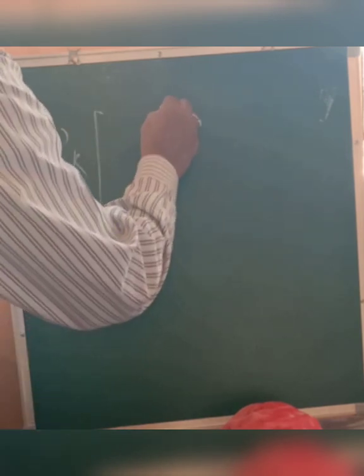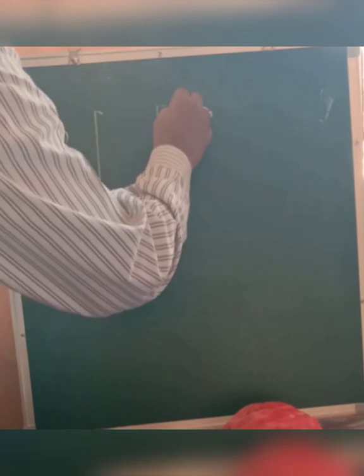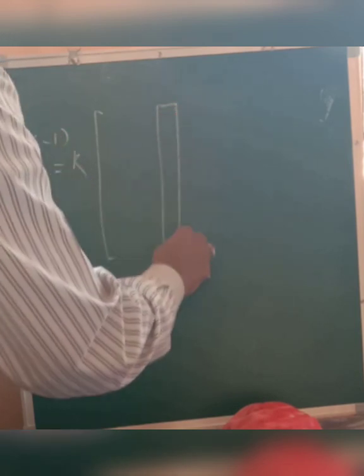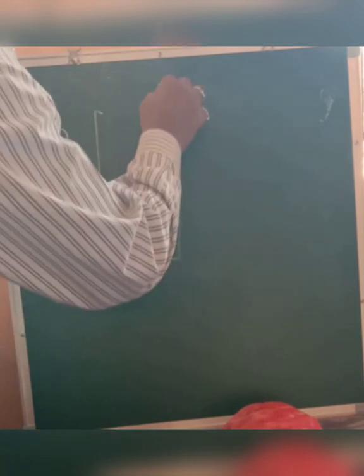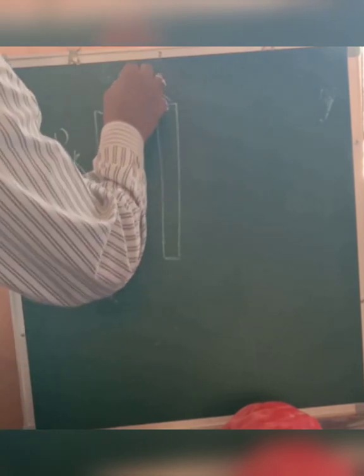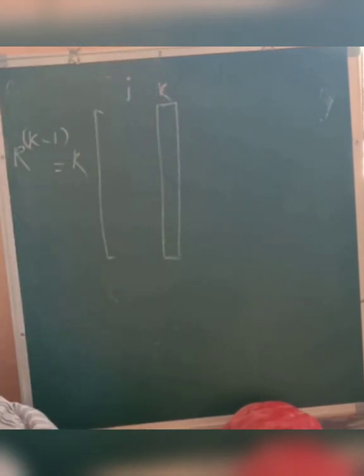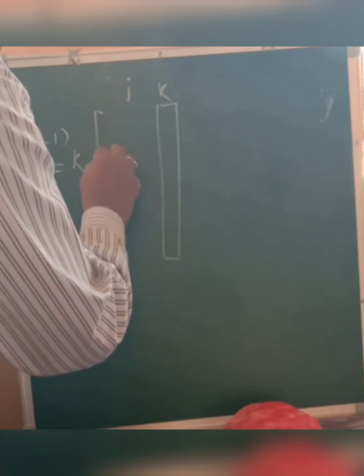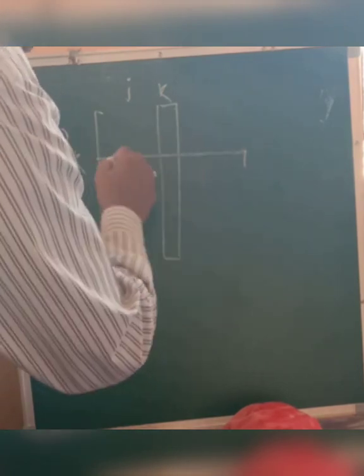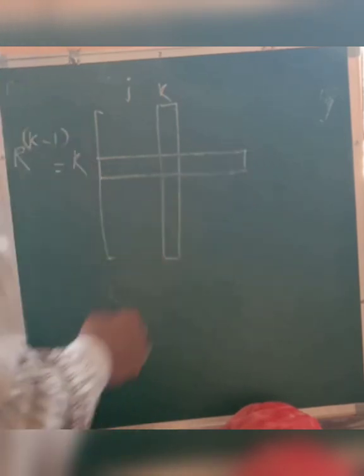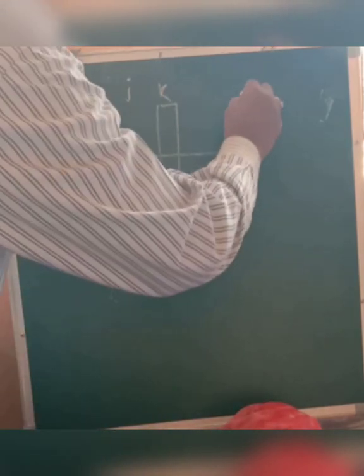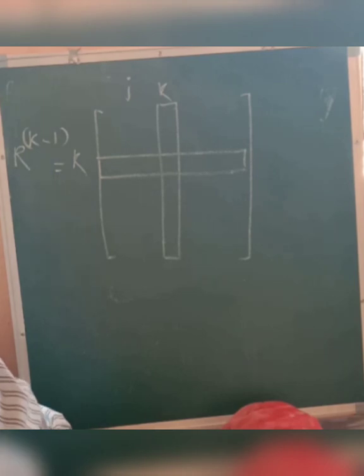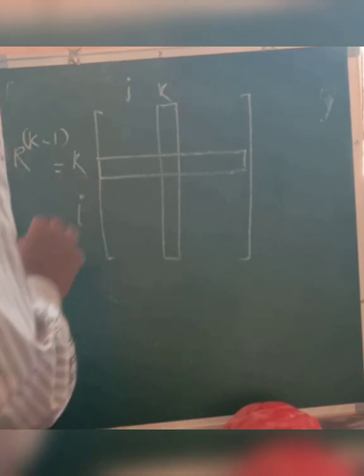If this is the kth column, there is a j column, and also another one, the kth row. So I get this one, and I get k and i.